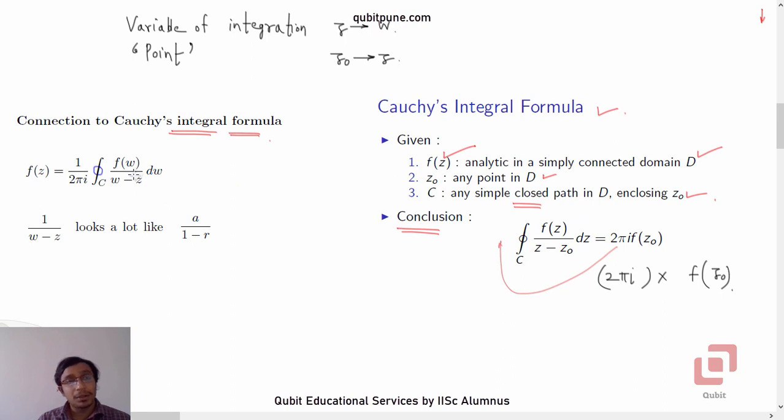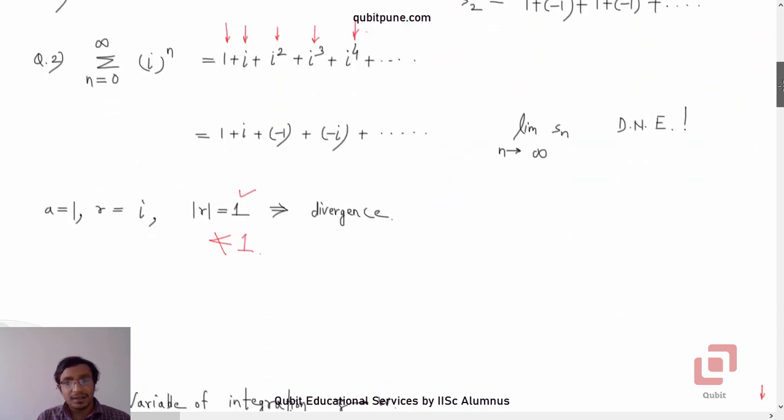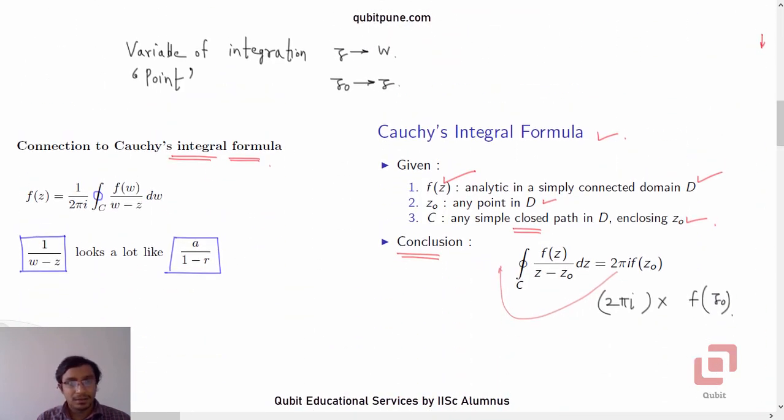Now look at the denominator of the integrand. Is it not 1 upon w minus z? Now this has some resemblance with a upon 1 minus r, which is the sum of the geometric series, if at all the sum exists, isn't it? We can always write a upon 1 minus r as a into 1 upon 1 minus r.